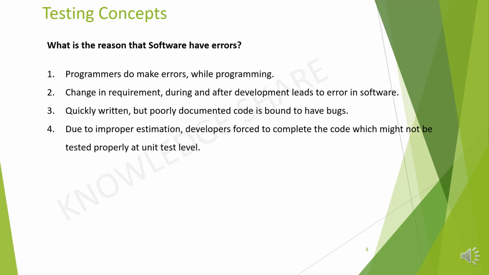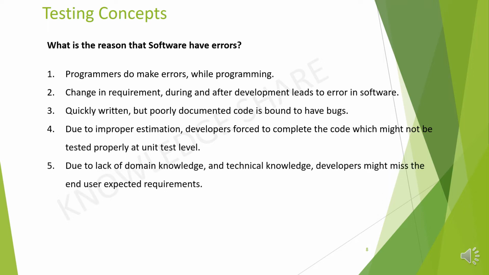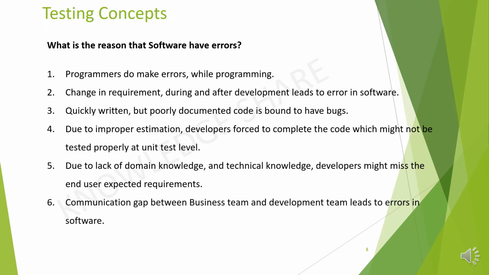Due to improper estimation, developers are forced to complete the code, which may not be tested properly at unit test level. Due to lack of domain knowledge and technical knowledge, developers might miss the end-user expected requirements. Communication gap between business team and development team leads to errors in software. And the last point is software complexity.